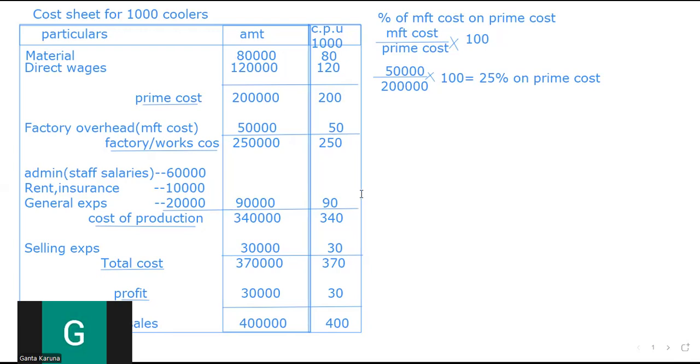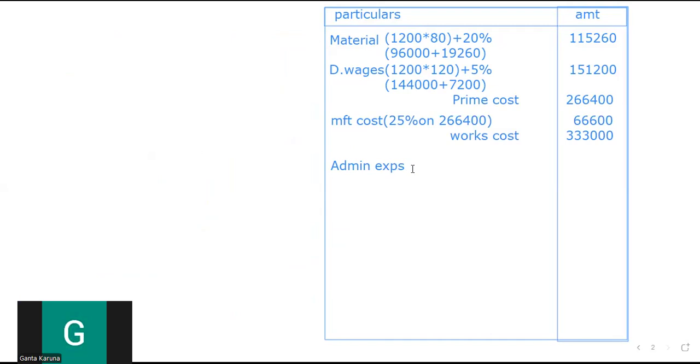The same expenses will be carried forward here also. That is what his meaning is. So I'm going to take the same thing into consideration. So what is my admin or staff salary? Salary is equal to 60,000, he gave me.